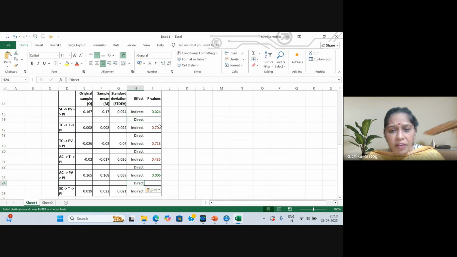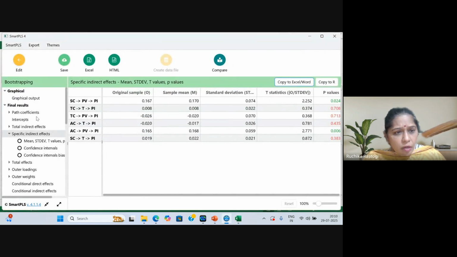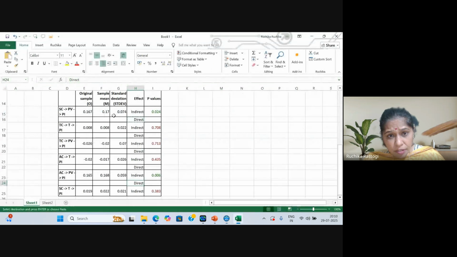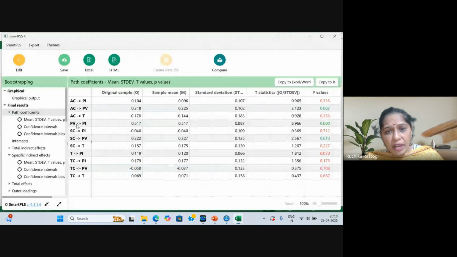The indirect effect is already noted down. From path coefficient, we will take the direct impact. So first direct impact I want to see between SC and PI. So what is the direct relationship between SC and PI?